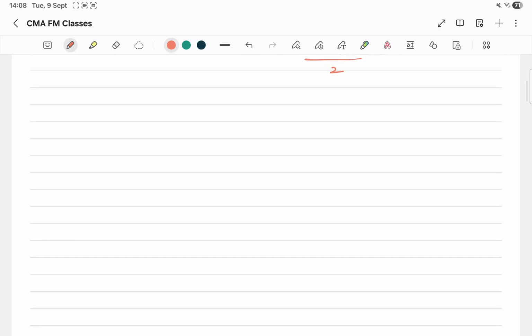Criteria for calculation of NP. This is very important, guys. I think your textbook hasn't given this, but I'll tell you right now.